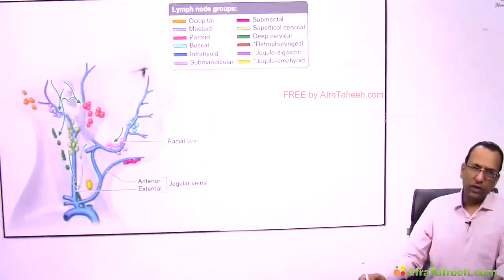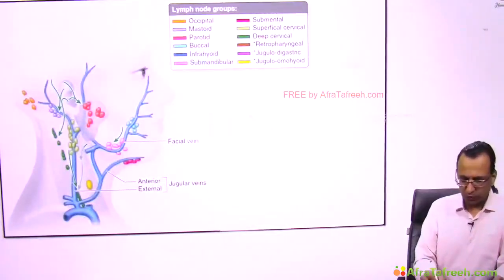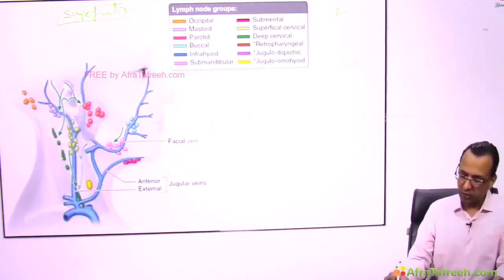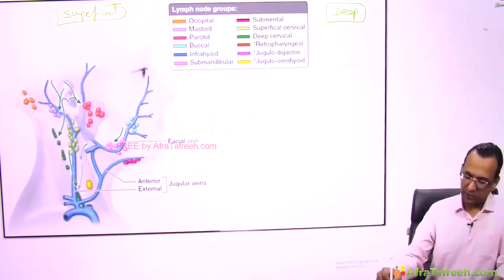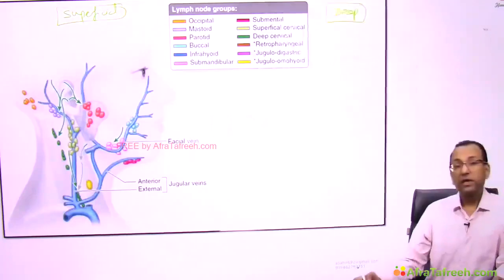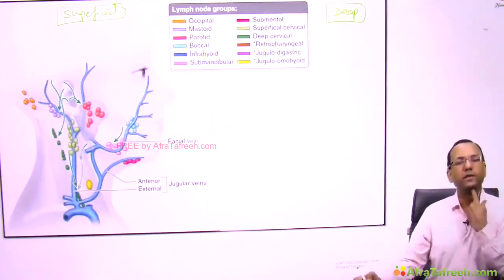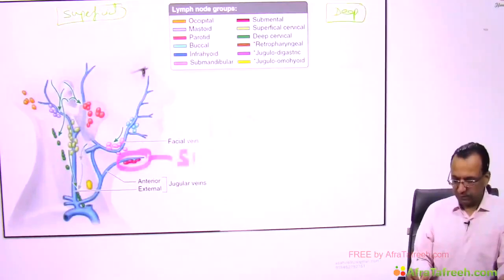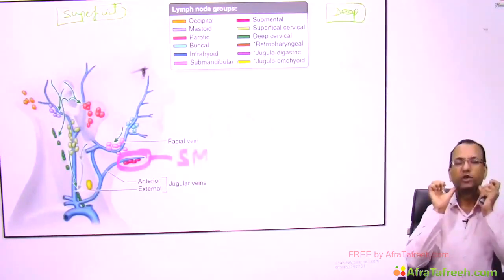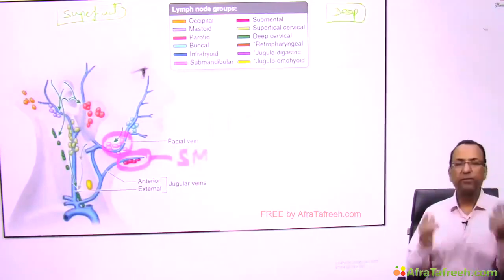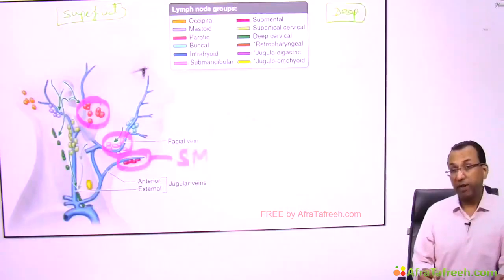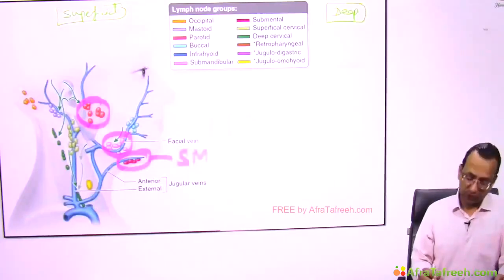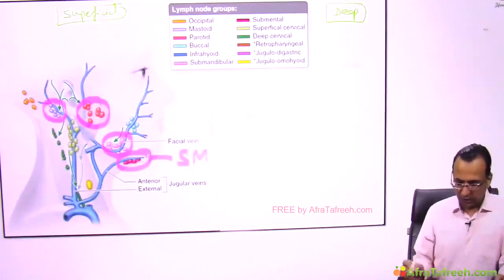See, cervical lymph nodes are two groups, superficial and deep. So now we are looking at superficial. Later we will talk about deep cervical lymph nodes also. And what about the superficial? As we had discussed already, under the mentum of the mandible is submental, and under the mandible here is submandibular, and then pre-auricular and parotid lymph nodes, and then post-auricular, and occipital also.